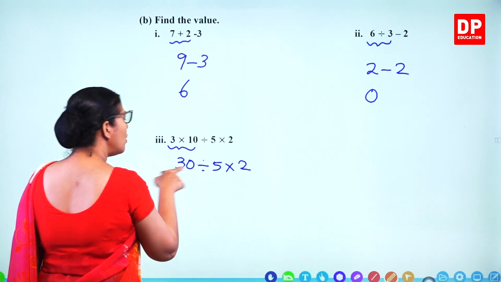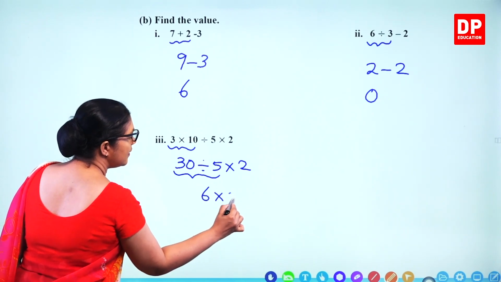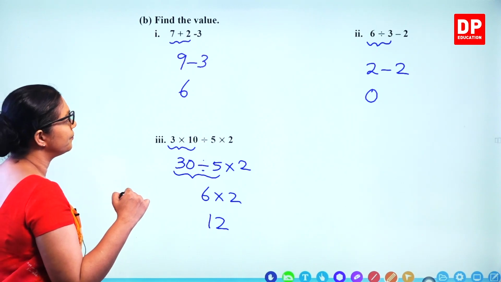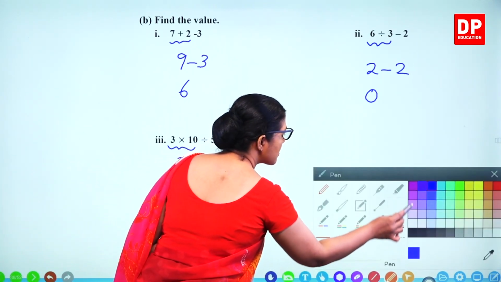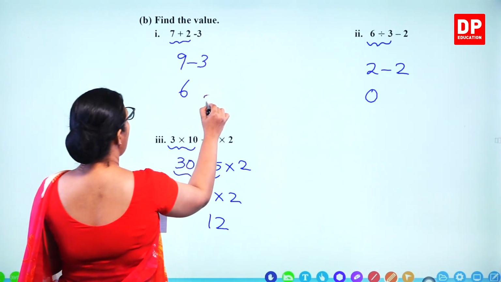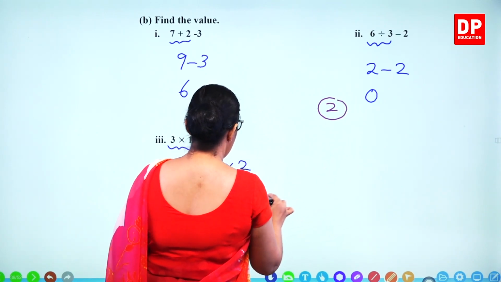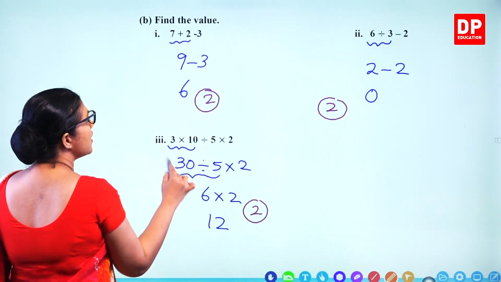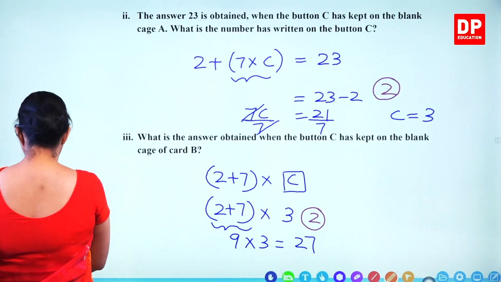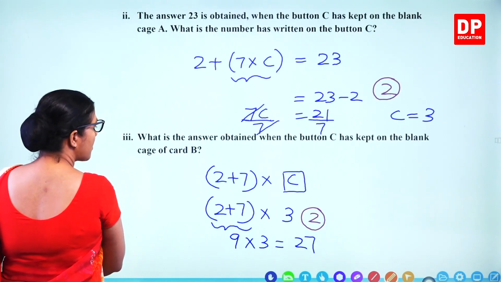Then you can do 30 divided by 5, 6. Then multiply by 2, 6 times 2, 12. So how many marks? For this one, 2 marks, 2 marks and 2 marks. So here 6, 4, 10 and 1, 11 marks.